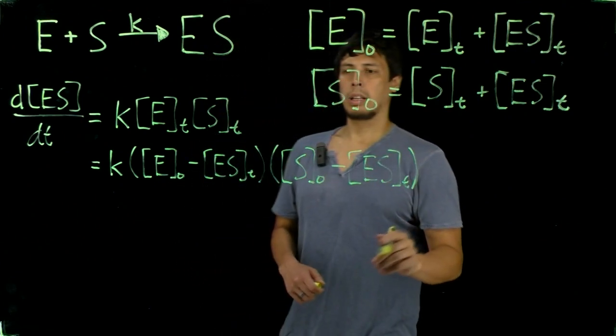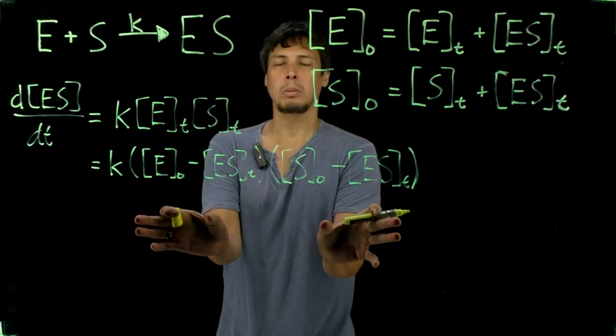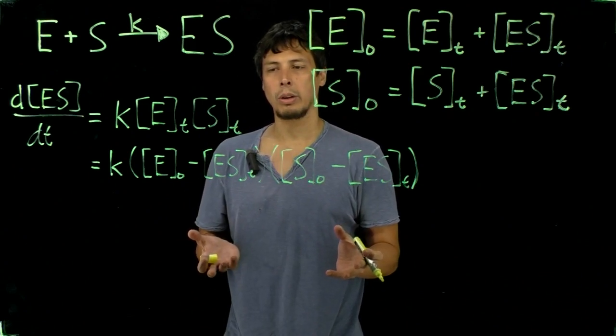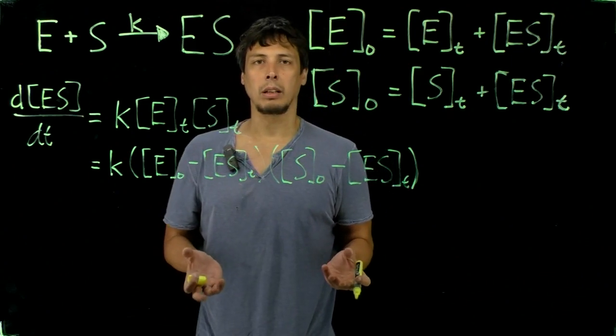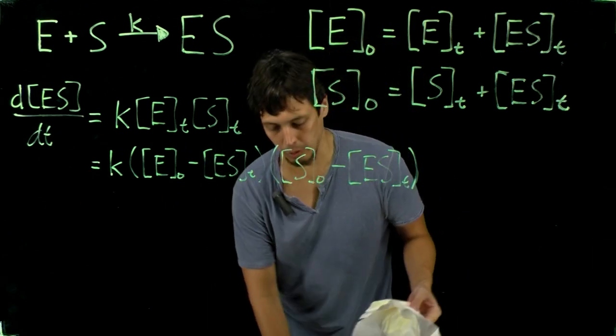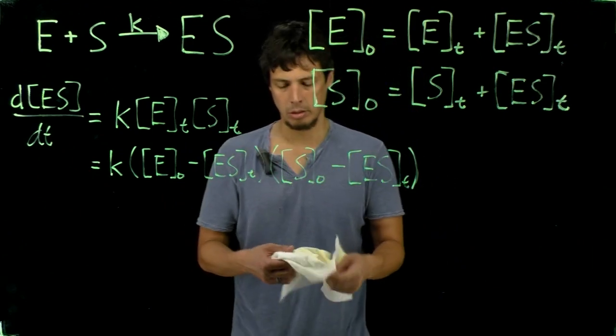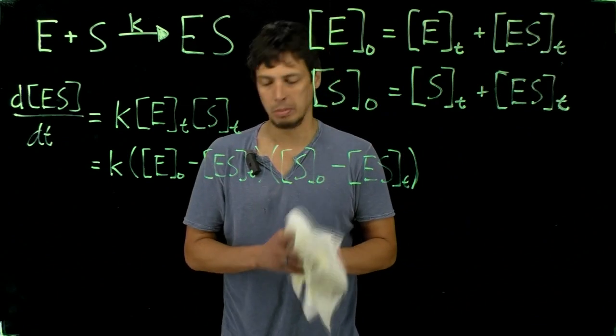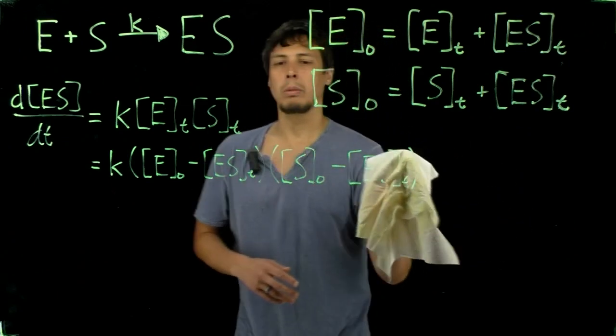Okay? And so what happens is that you have to multiply this out, and this becomes a quadratic equation. And this can be solved analytically. But typically, in practice, that's a lot of math, and two, that also complicates our experiment. And so typically, that's not what we do.